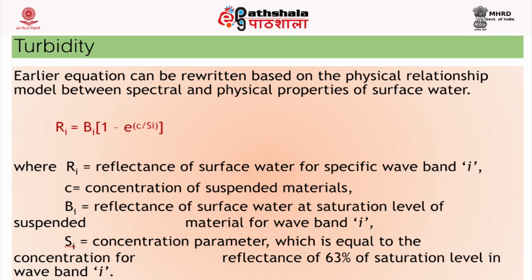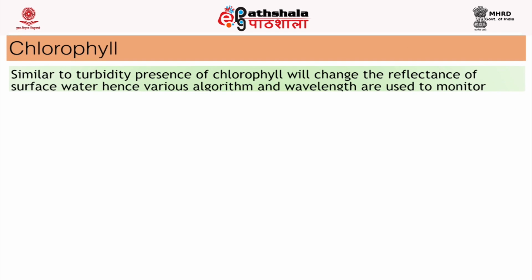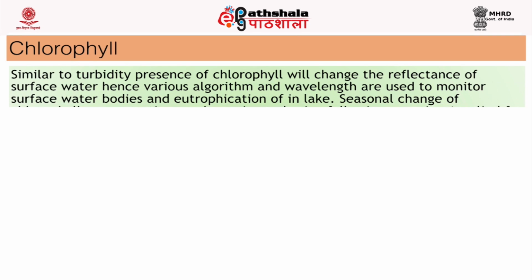C is the concentration of suspended materials. Bi is the reflectance of surface water at saturation level of suspended material for waveband i. Si is the concentration parameter which is equal to the concentration for reflectance of 63% of saturation level in the waveband i.